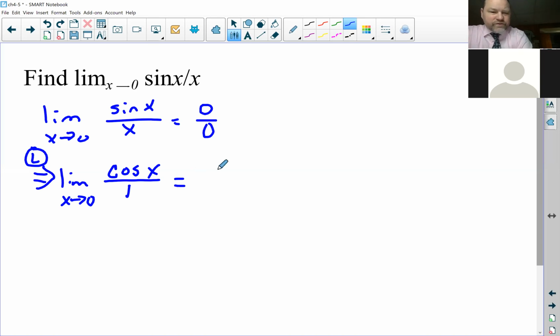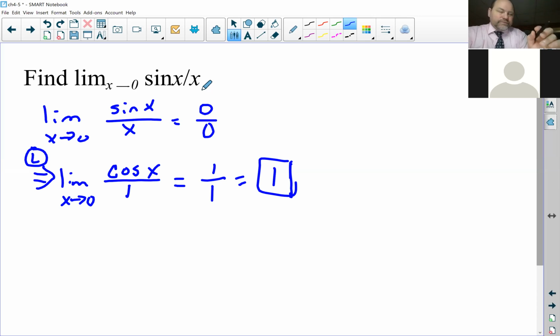Cosine x at 0 is 1. 1 as x approaches 0 is 1. So the limit of sine x divided by x approaches 1. So in this case, we have 0 over 0 at 0, but as we come in from either side, we actually get a value of 1.